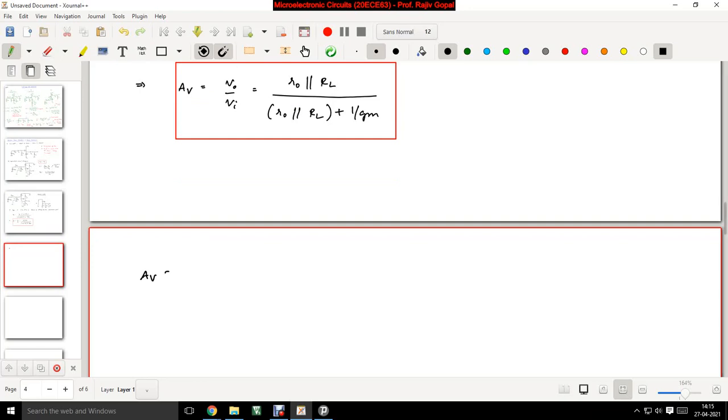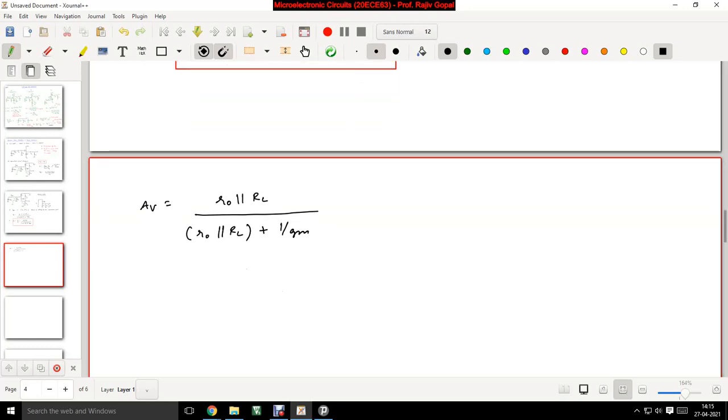AV equals R naught parallel RL divided by R naught parallel RL plus 1 by Gm. Now in this equation, if I want to calculate AV naught, the open circuited voltage gain, RL is infinite.